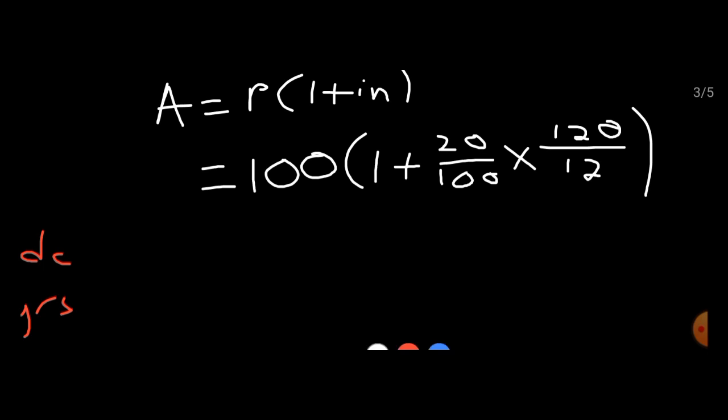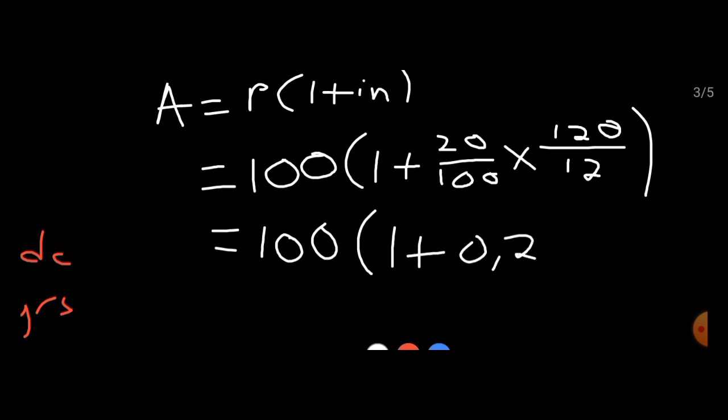If you want to simplify this, you can, but it's not necessary, guys. You can just press it in the calculator to get the answer straight away, or you can simplify: 1 plus this one will be 0.2 or 0.20, and then multiplied by this one it will be 10. Is it going to give us 10 or 1? Yes, 10.